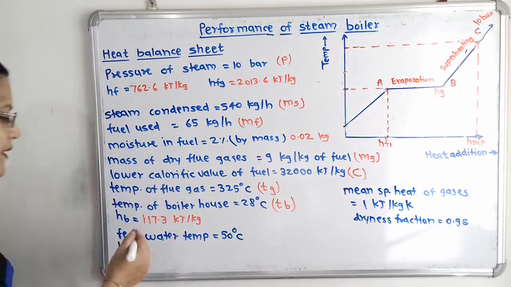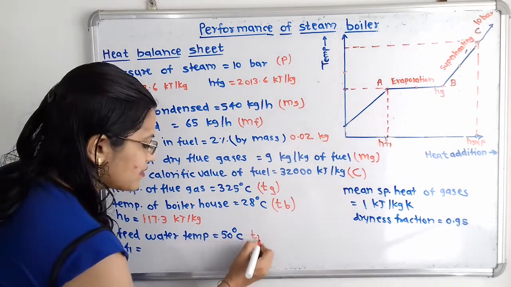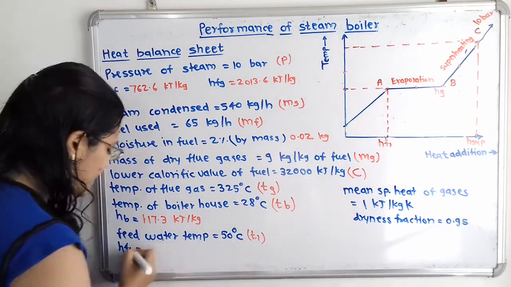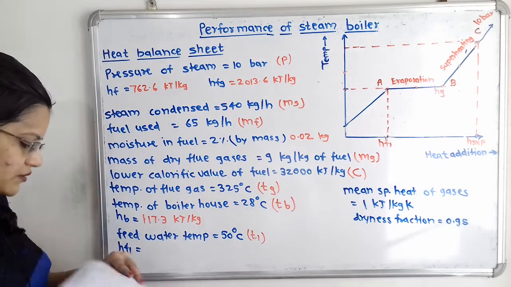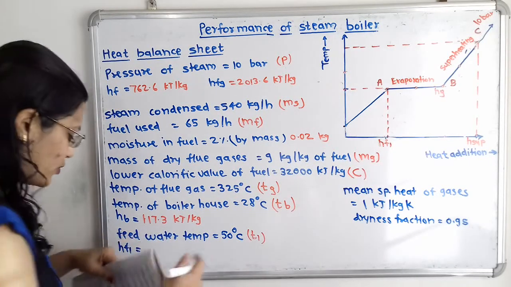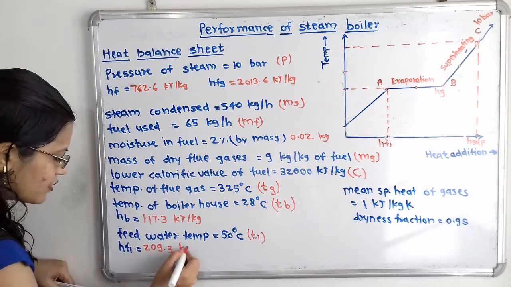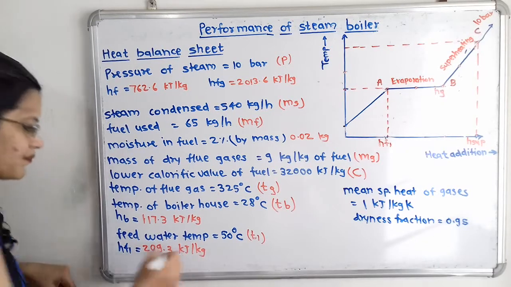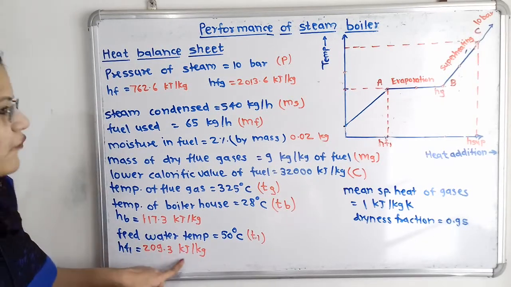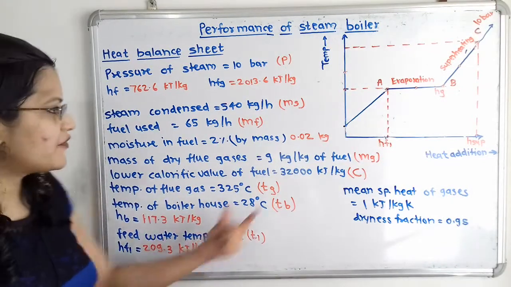This feed water temperature we will call T1, with the suffix 1. So T1 is 50 degrees Celsius, and Hf1 is equal to 209.3 kilojoule per kilogram. Now how will we understand this feed water temperature? With this diagram.